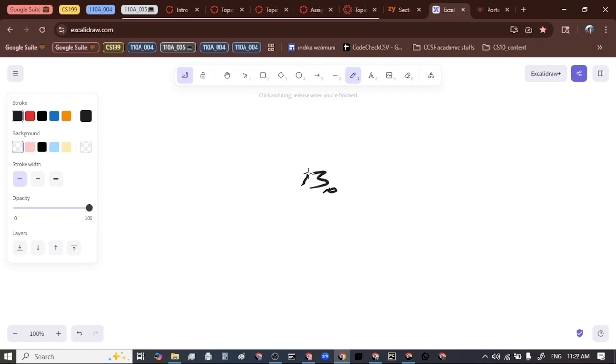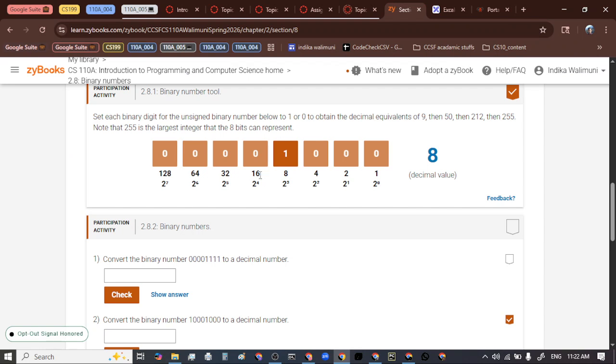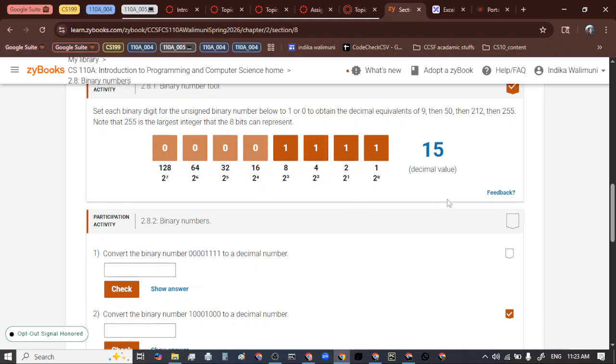It doesn't matter how many zeros you put in front, it's still 13, right? So these zeros are insignificant, and you can see they add nothing to the number. So this is 8. If I put one more, this is now 9. Likewise, you can convert that way.